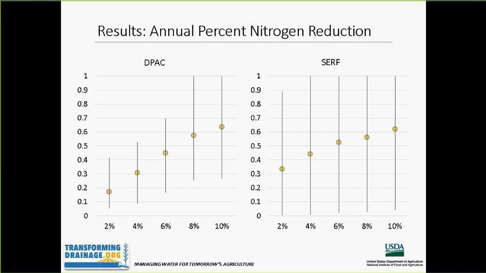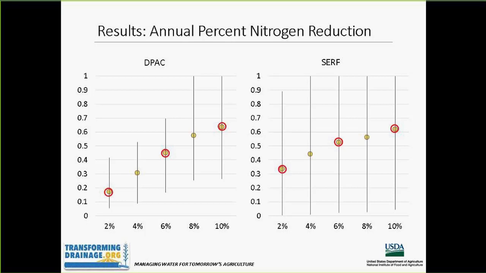And finally, the annual nitrate percent reduction still follows this similar pattern. And so here, what I want to point out is, again, we have some of these nutrient reduction targets in place, right? That 40% mark that we might be looking to hit. We can start to look at what sizes start to hit that 40% mark. So here at 6%, we hit it at the DPAC site.